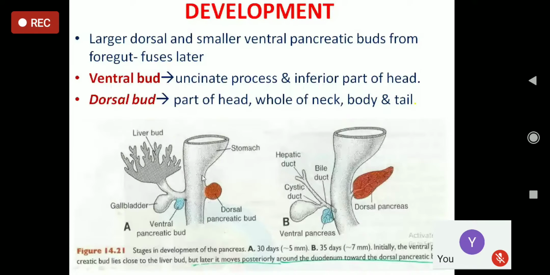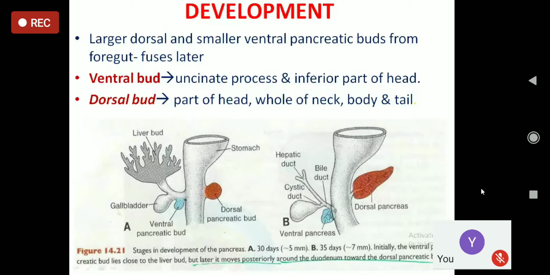This is the terminal part of the foregut, towards the second part of the duodenum, and the liver bud can be seen, the gallbladder, and here we can see the ventral pancreatic bud, and this one is the dorsal pancreatic bud. Later on, because of the folding of the gastrointestinal tract, the ventral pancreatic bud goes and sits just below the dorsal pancreatic bud to give rise to the total pancreas.